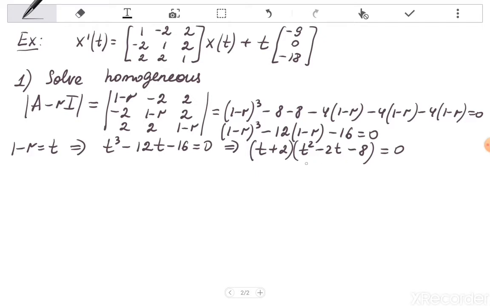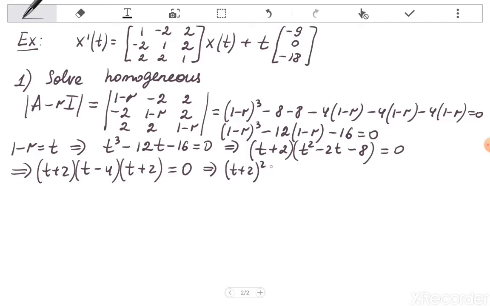And also we can factorize the bracket inside, t plus 2, and this I'm sure is t minus 4, and again t plus 2. Minus 8 minus 2, yes, it's correct. So this is in fact t plus 2 squared, t minus 4 is 0.